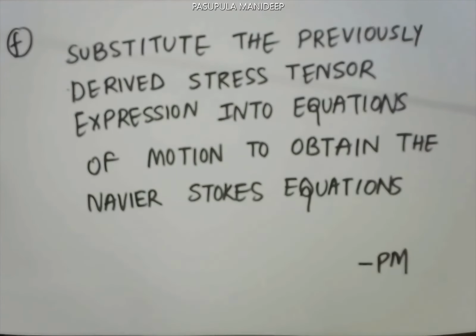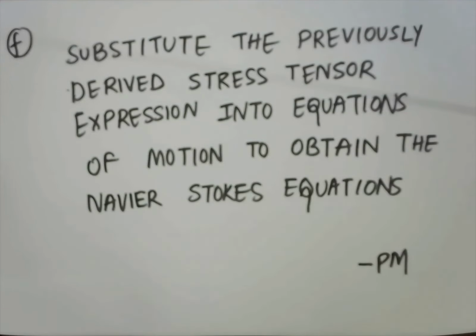In the previous video we derived the stress tensor in terms of the velocity gradient. So now we are going to substitute the stress tensor expression we derived in the previous session into the equations of motion, which we derived much earlier by assuming a fixed control volume.